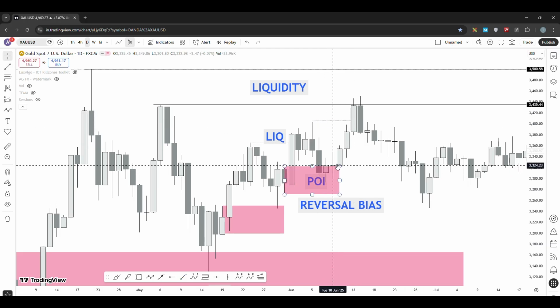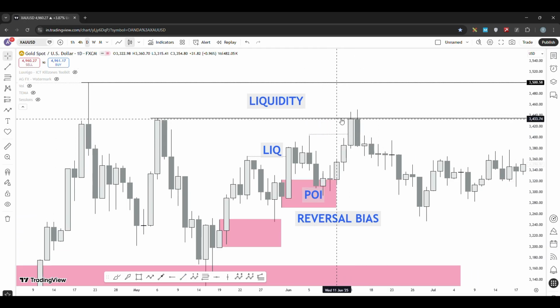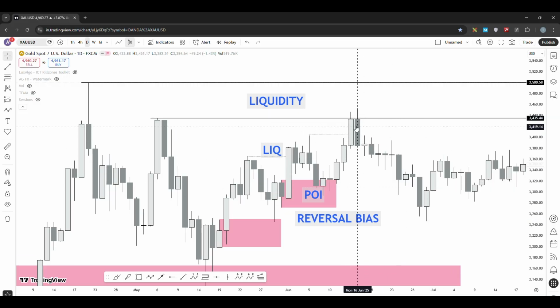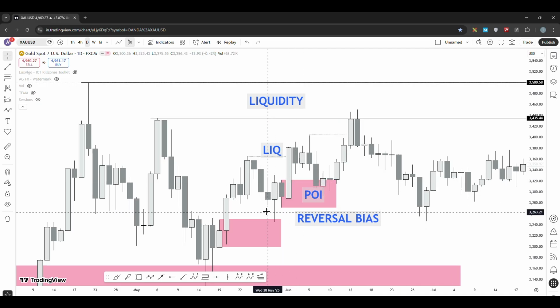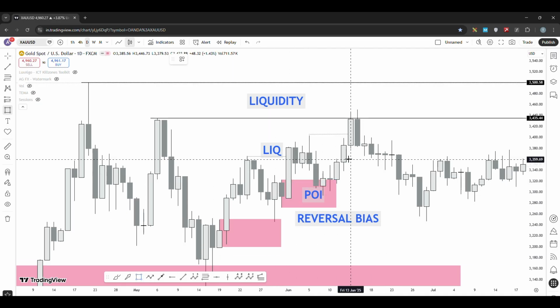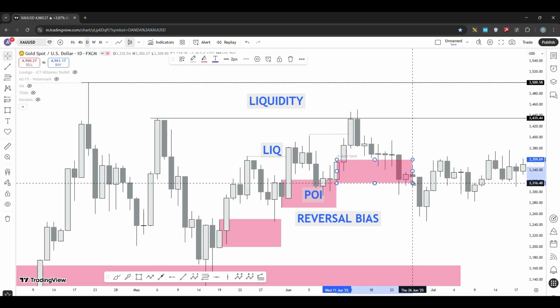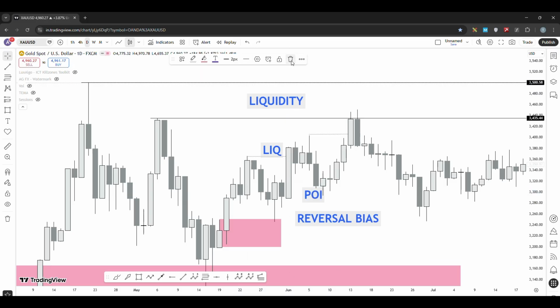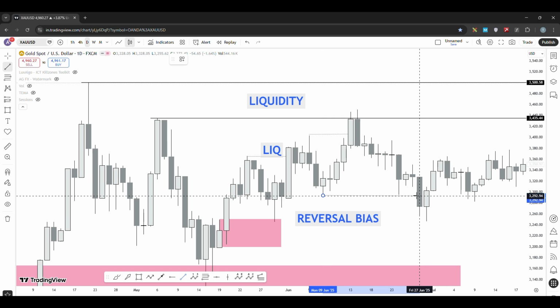So this is once again a bias. And here, once market took out the liquidity, what happened? Once again market started dropping. Now this time market did not have any POI over here. The only POI was over here, which market did not respect. Market dropped further. So in this case, since there was no POI, market took out this liquidity.